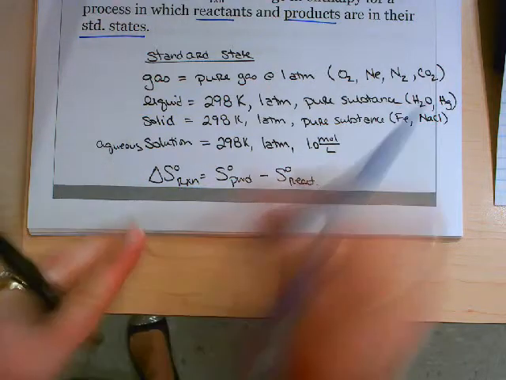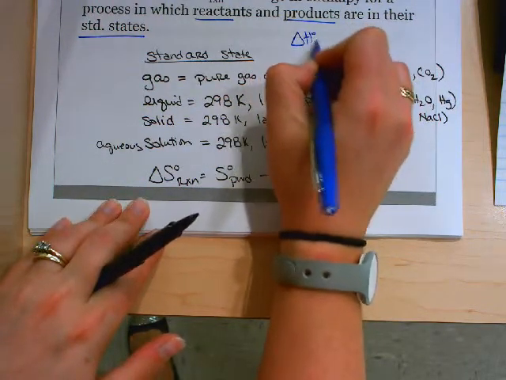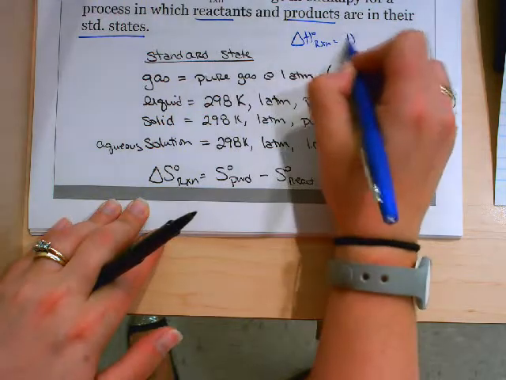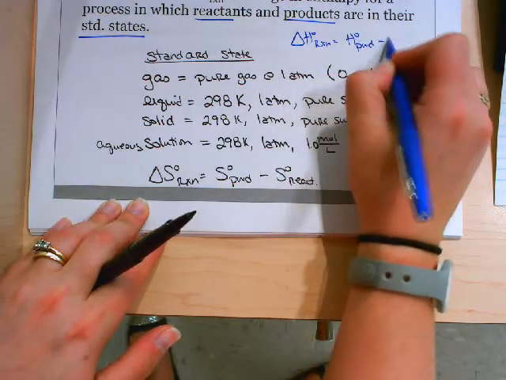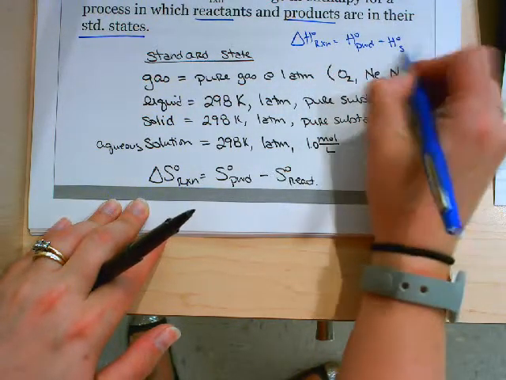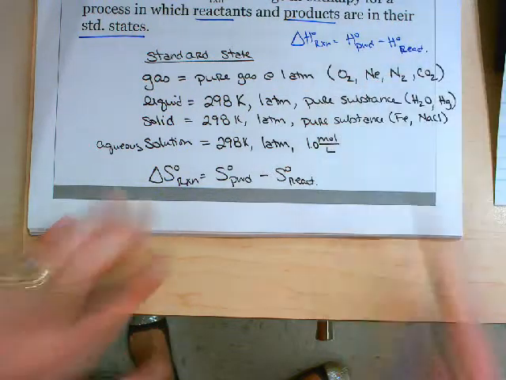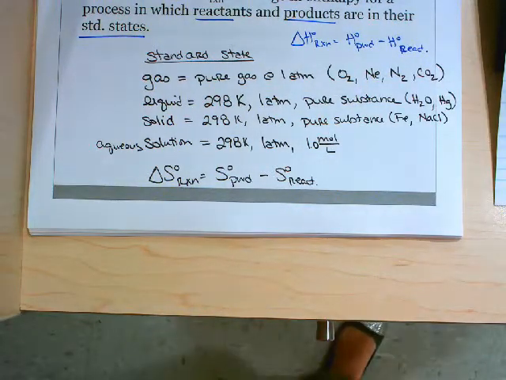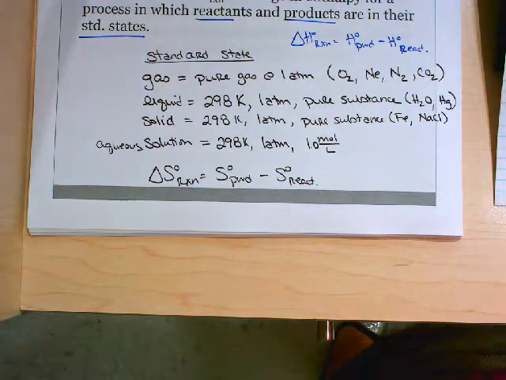Alright, so delta H we've had before. Oh, so important. Because it's always products minus reactants, because these are all standard state functions.